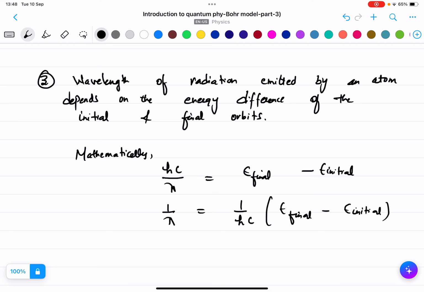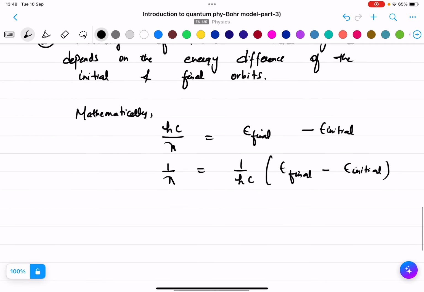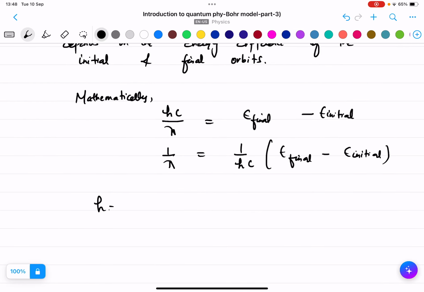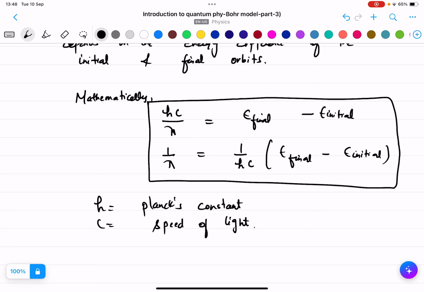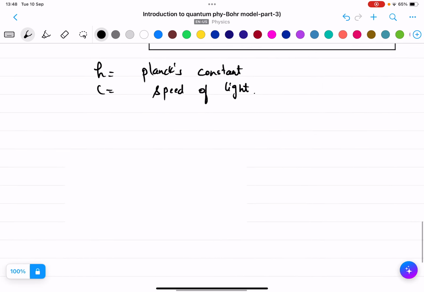Here h is Planck's constant, which I have discussed earlier, and c is the speed of light. So this is the third statement.